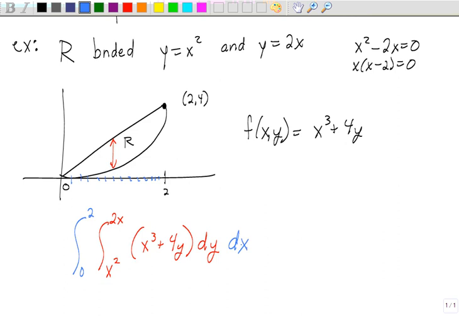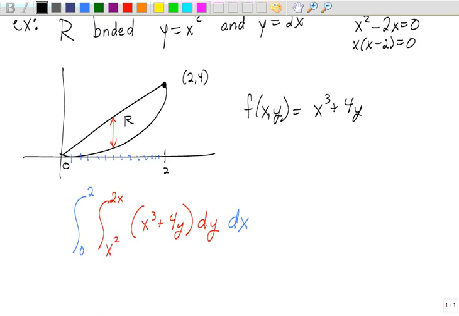Okay, now let's do the integration on that. So first we're going to integrate with respect to y. So x cubed is a constant, so that's just going to be x cubed y. And the integral of 4y is 2y squared. Again, we're doing y.